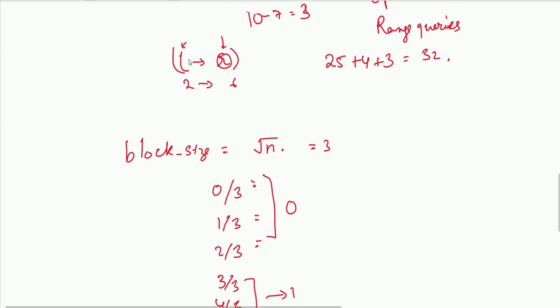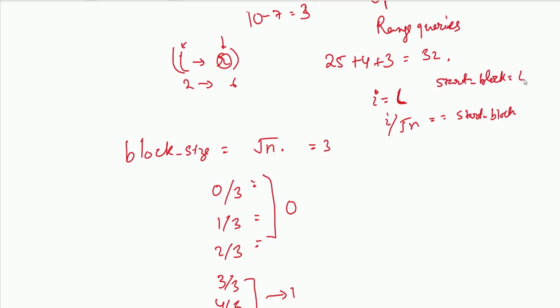And here also, when we are calculating this, we can just loop from L while we are in the same block. So i equals L, we start from here. Then we check whether L divided by root n is the same as the starting block. How can we calculate the starting block? Starting block is L divided by root n. Similarly, we can calculate the end block, R divided by root n.